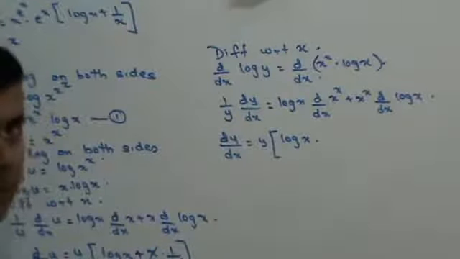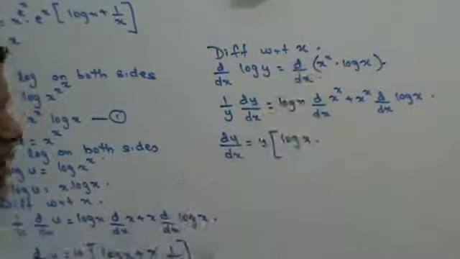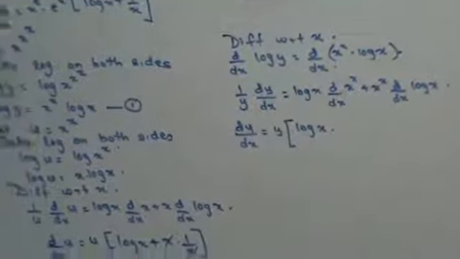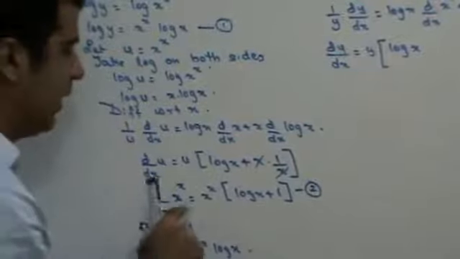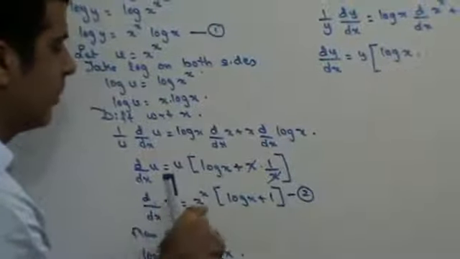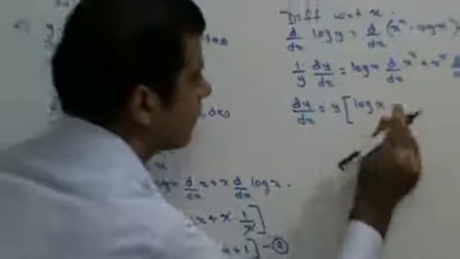This d by dx of x raised to x you can substitute from equation 2. In equation 2 you had found out that d by dx of x raised to x is x raised to x, log x plus 1.